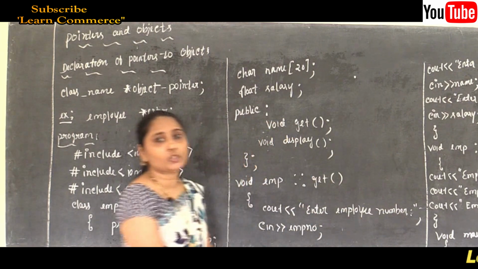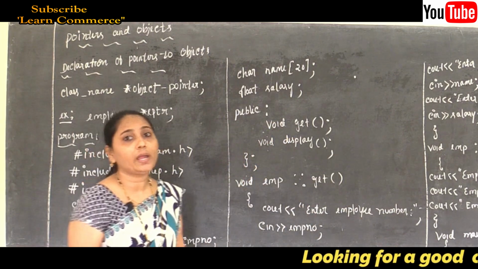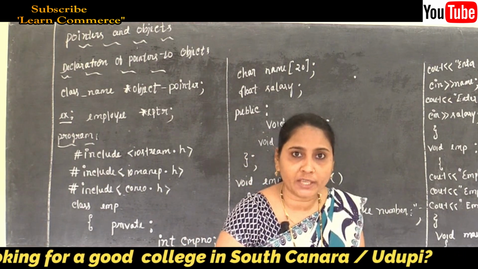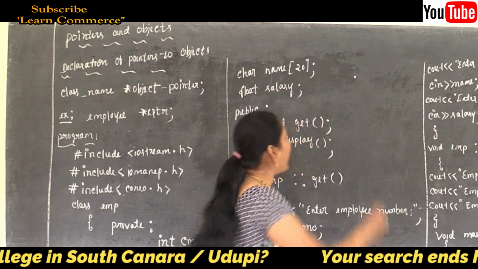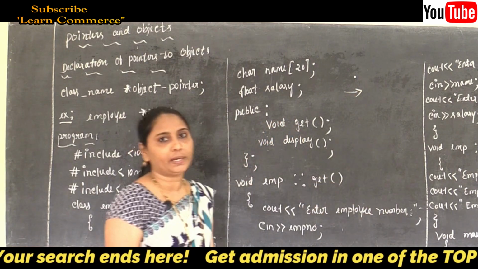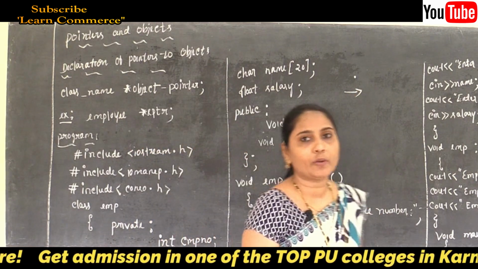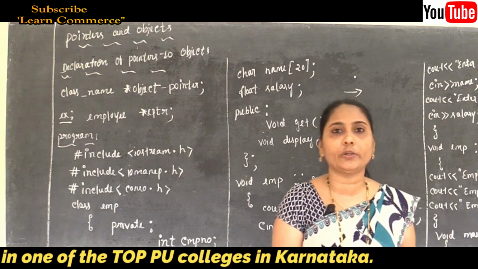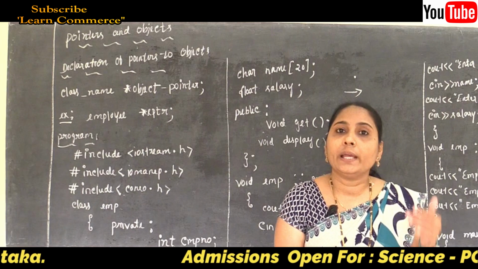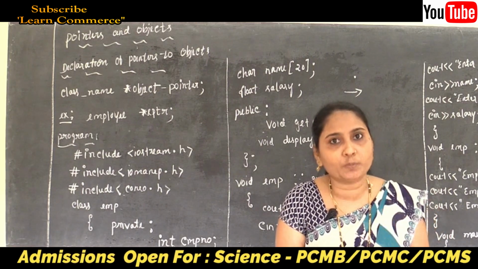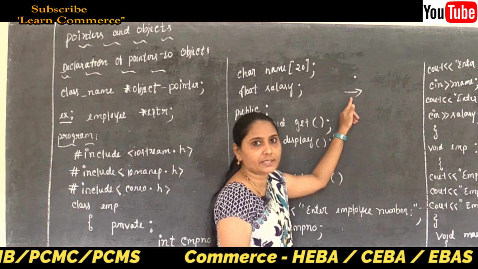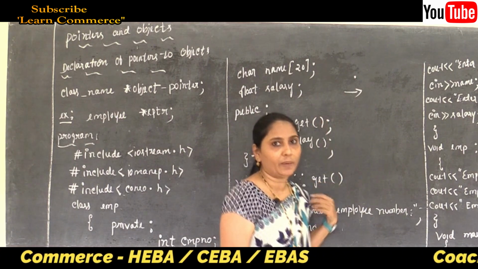But in pointer to an object, when accessing a member of a class, you should use the arrow operator instead of the dot operator. Clear this point? This is a very important note: in pointer to an object you have to use the arrow operator instead of the dot operator.